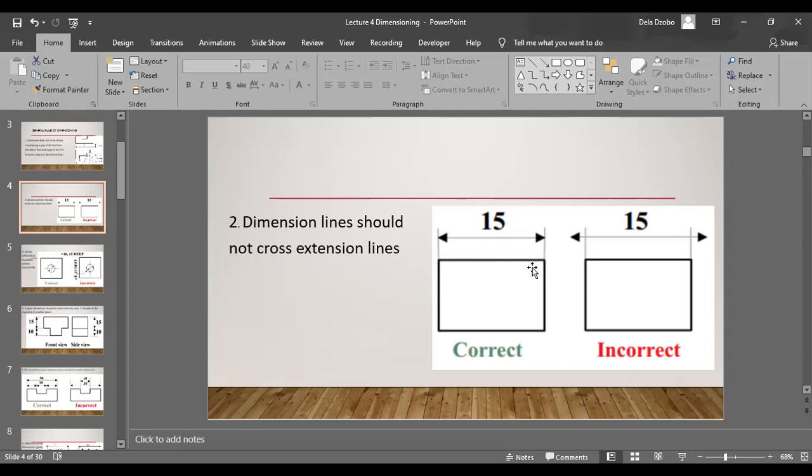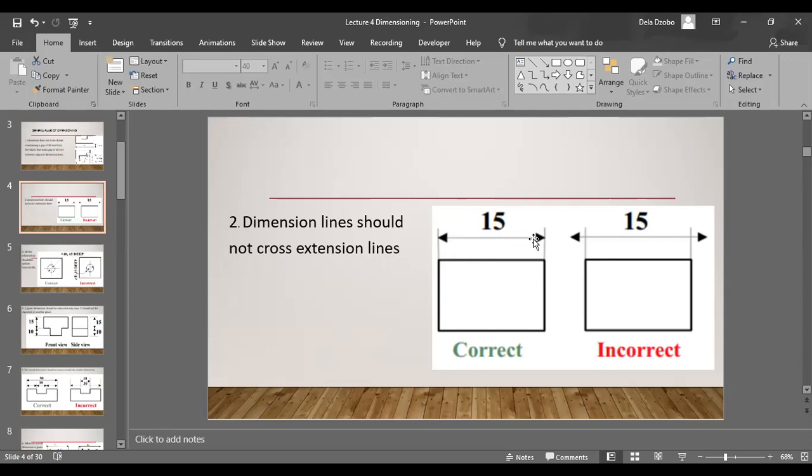These two lines are showing the extent of the object. Here our dimension line spans across these two extent lines. Like I said earlier on, these two lines are what we call the extension lines.